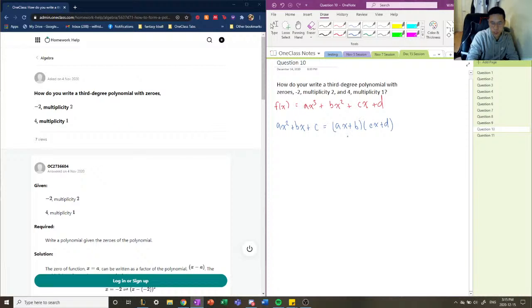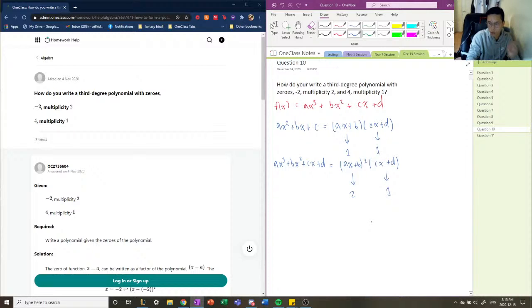In this case, the multiplicity of these two factors are 1 and 1. Now, if we were to have a third degree polynomial, the factored form has a form like this. The multiplicity of this first term is actually 2, because the factor is being squared, and the multiplicity for this is 1.